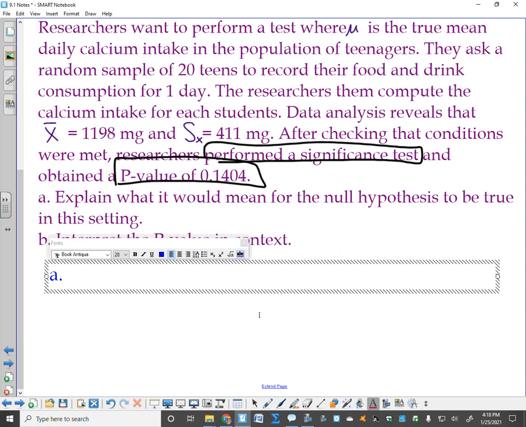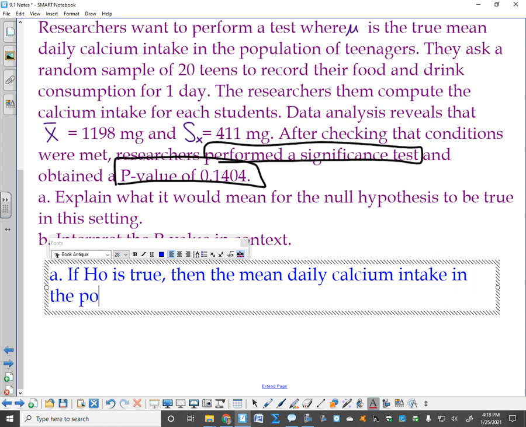Explain what it means for the null hypothesis to be true in this setting. Okay, so if H sub 0, now I can't write the sub part, so it's going to say H0. If H0 is true, then the mean daily calcium intake in the population of teenagers is 1,300 milligrams.